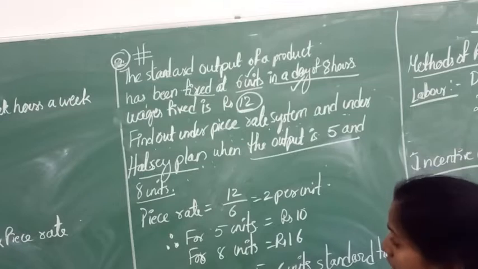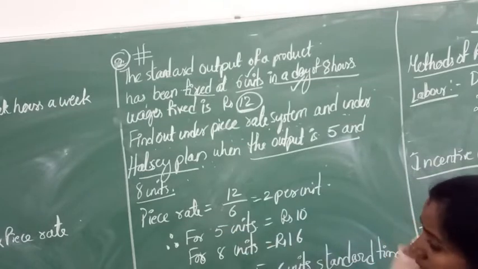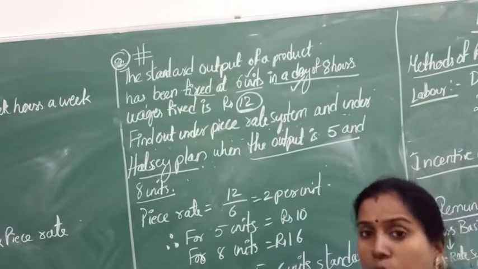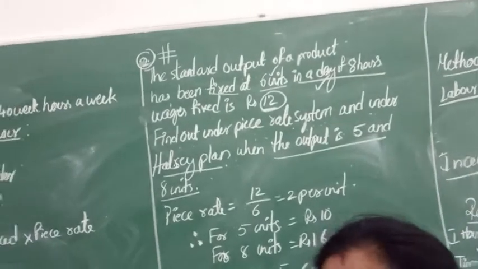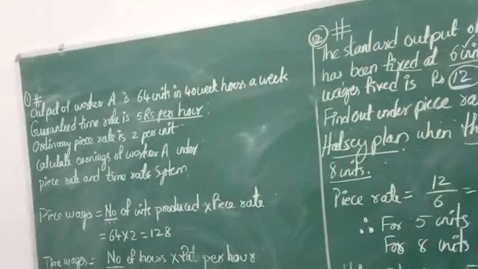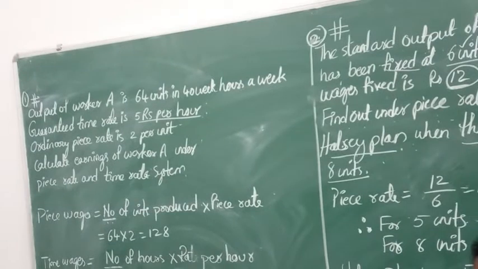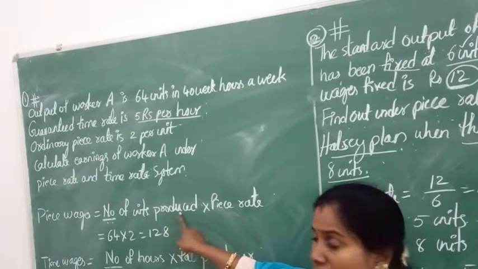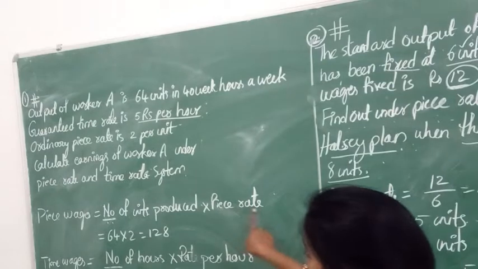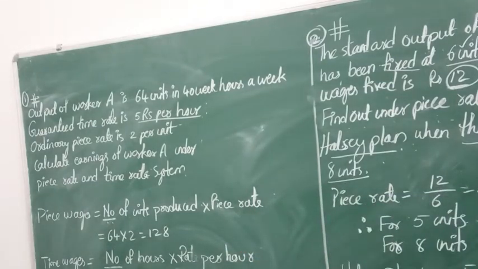So here, piece rate. In the previous problem you wrote the formula: number of units produced into piece rate. Here the number of units produced is given, only 6 units per day. So we should calculate now.